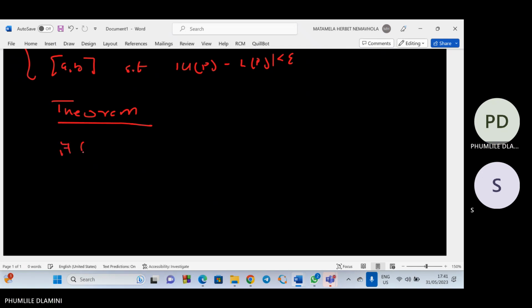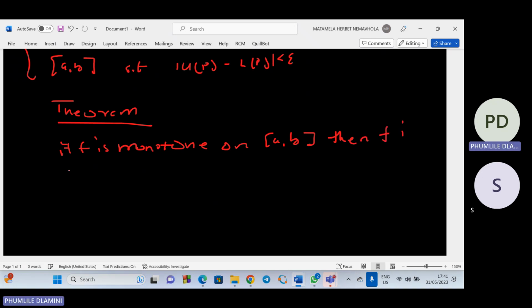If f is monotone on interval a and b, then f is Riemann integrable on interval a, b.